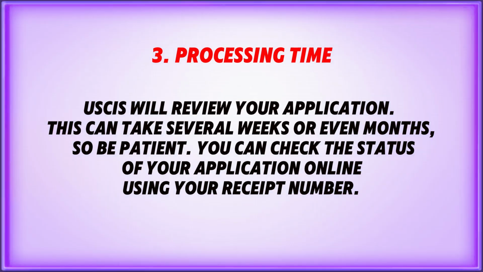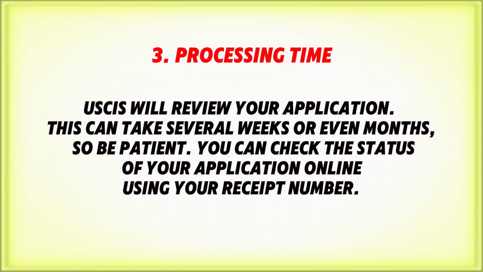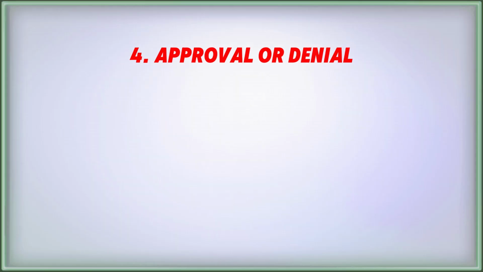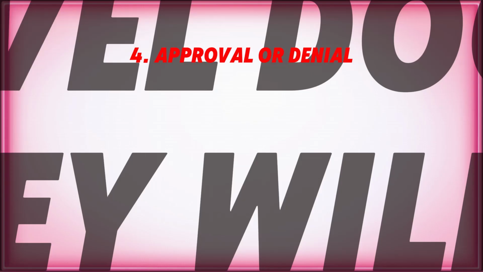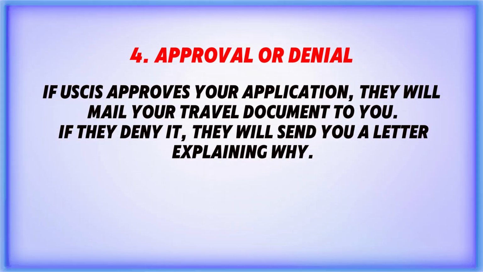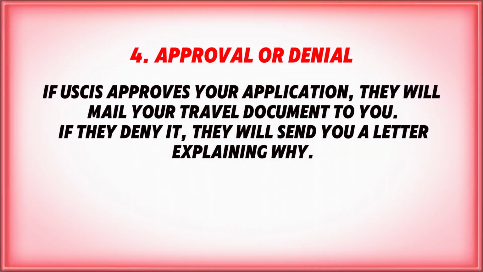So be patient. You can check the status of your application online using your receipt number. And then fourth, approval or denial. If USCIS approves your application, they will mail your travel document to you. If they deny it, they will send you a letter explaining why. Make sure you follow all the instructions and respond to USCIS requests as soon as possible to avoid delays.